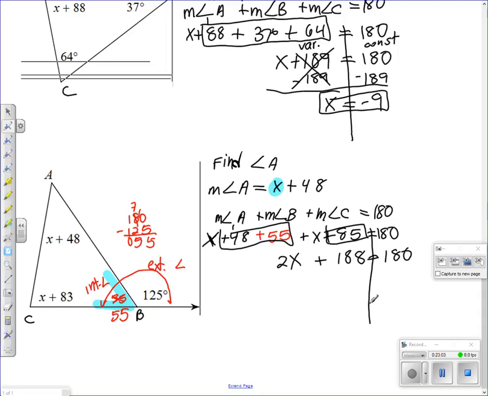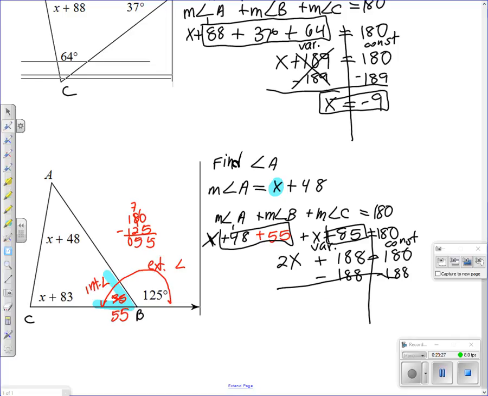Step number 3, separate variables and constants. Variables will be on the left, that means a letter, and constants will be on the right. I would like both of these to have a letter. These have a letter, so get rid of it. Minus 188 on one side, you must do it to the other side.